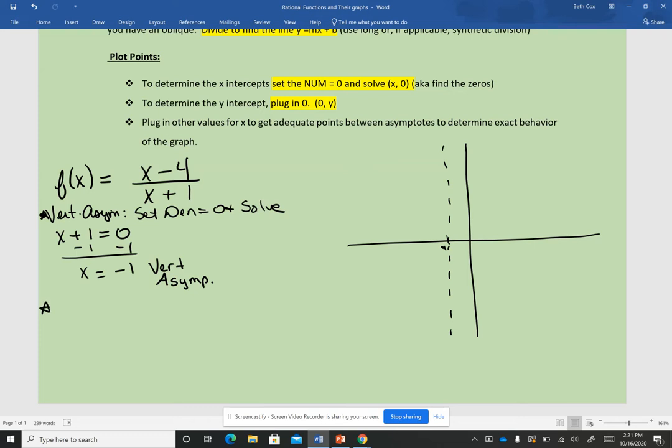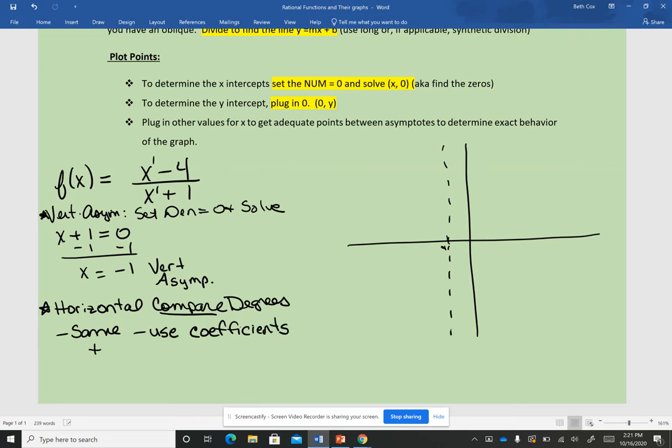All right, second thing, horizontal. We're going to compare the degrees. Now they're the same. The degree of the numerator and the denominator are both degree 1. So I'm comparing the degrees, and so we use the coefficients. Well, the coefficients are the same. That's okay.